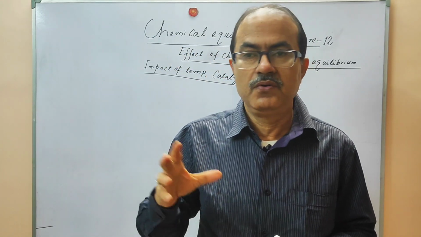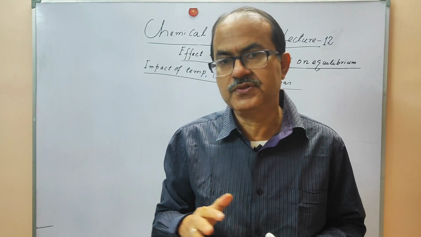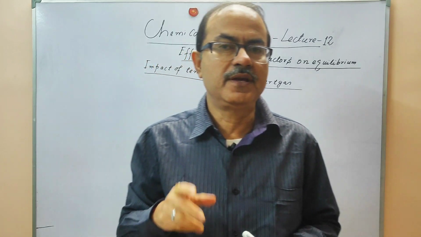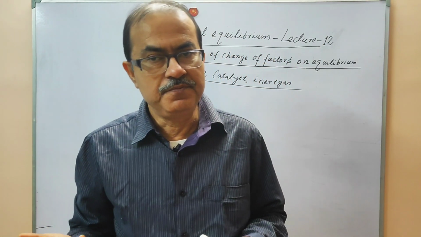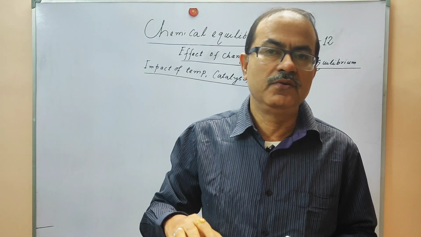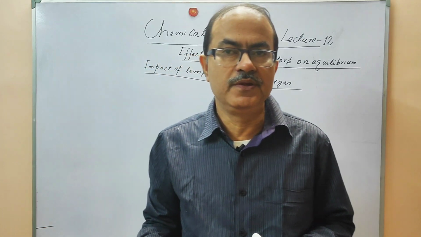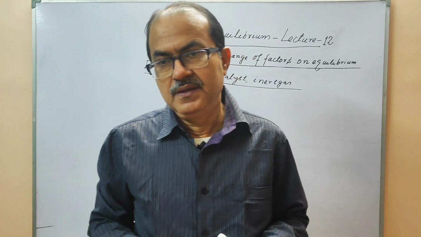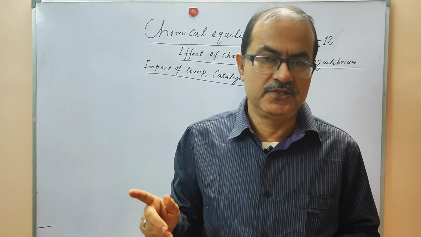When the equilibrium constant and the reaction quotient are different from each other, only then will the equilibrium composition change. Depending on which factor we have changed, sometimes it will be in favor of the product, sometimes in favor of the reactant. But the equilibrium constant depends on the temperature.